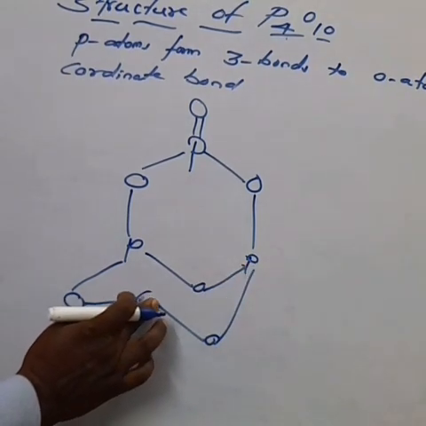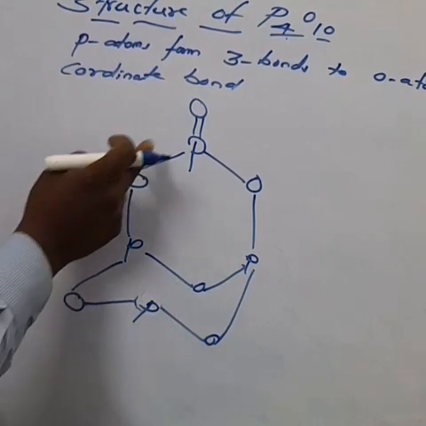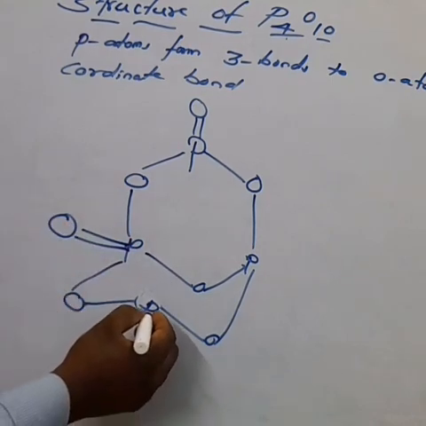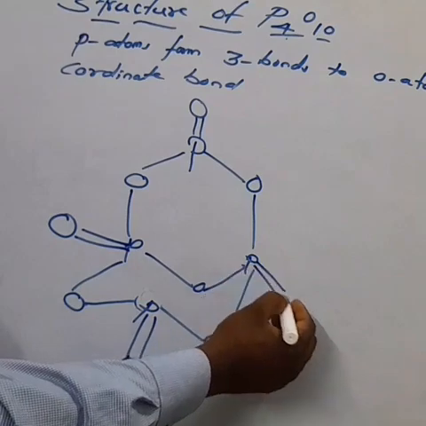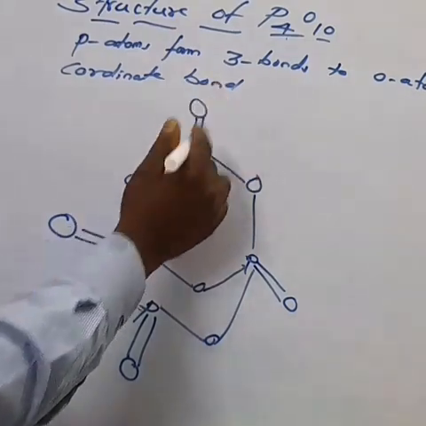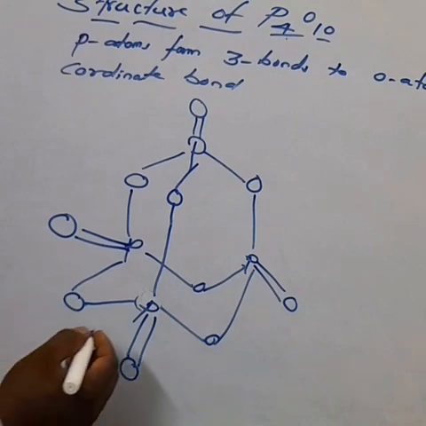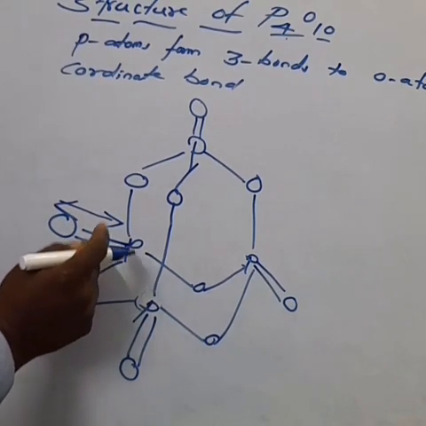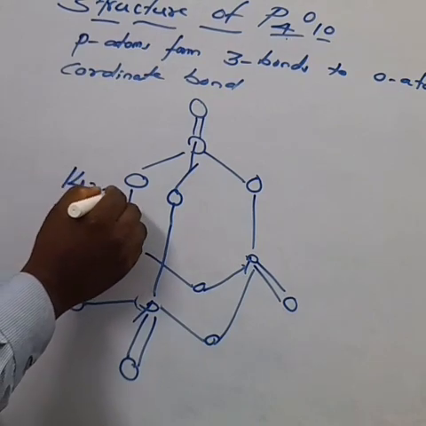Now the edges can be joined. Next, each phosphorus has an oxygen atom: P double bond O on the left side, then another P double bond O, and the phosphorus on the upside, P double bond O. Now we have to write the phosphorus-oxygen bond length, which is 143 pm, picometer.